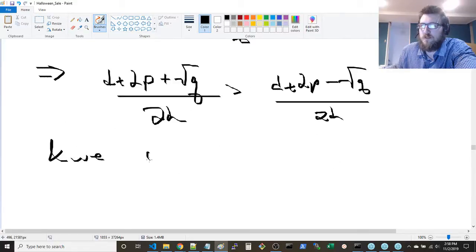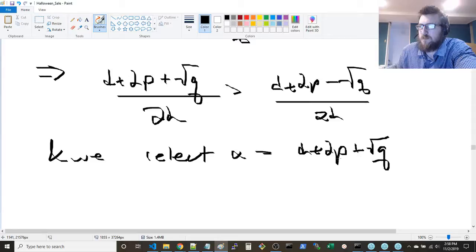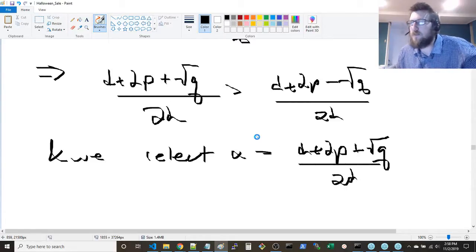And we select alpha equals d plus 2p plus square root of q over 2d. Right.